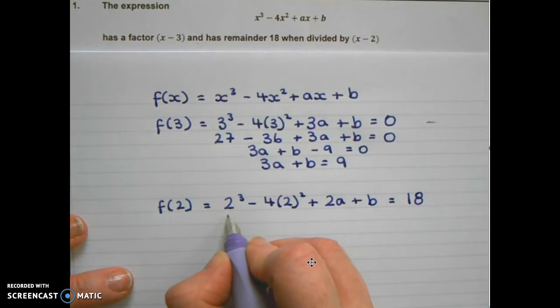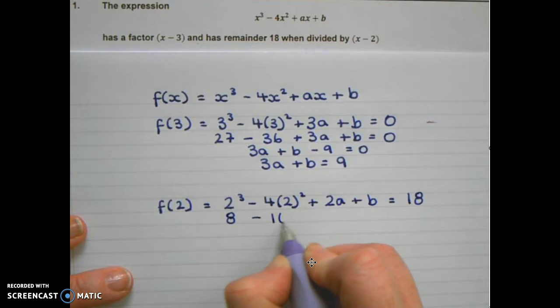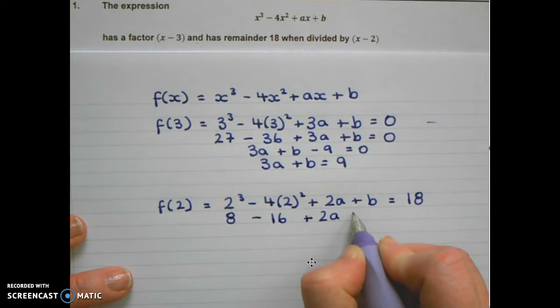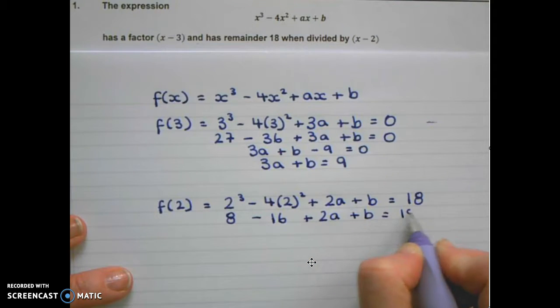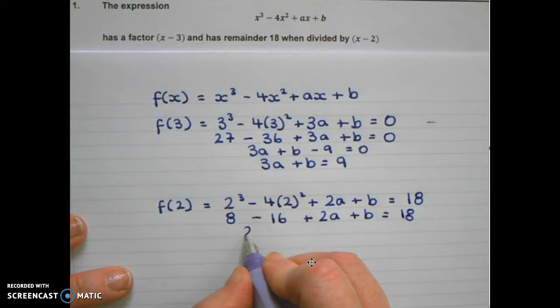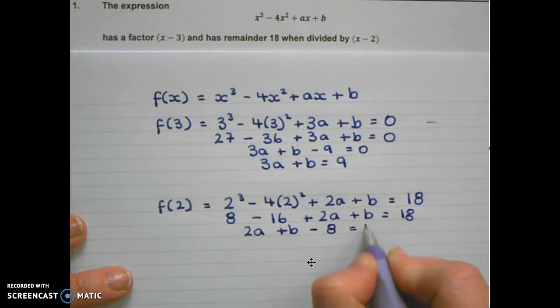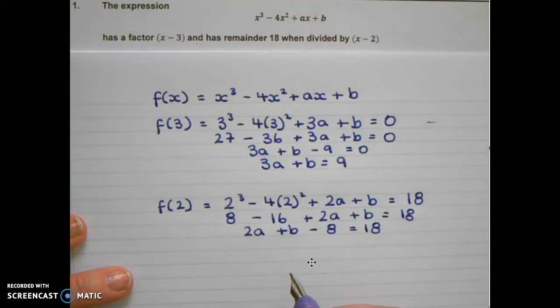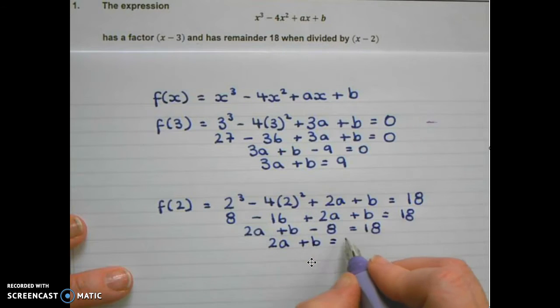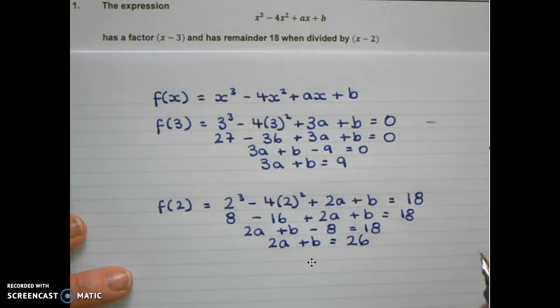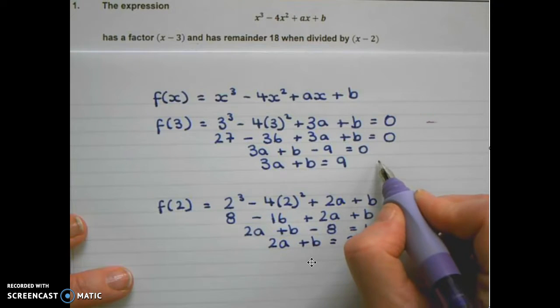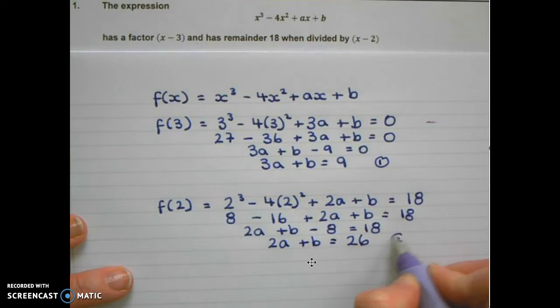If I simplify that, I get 8 minus 16 plus 2a plus b equals 18, or 2a plus b minus 8 equals 18. Simplifying that, I get 2a plus b equals 26. So these are the two equations. We'll call that equation 1 and that equation 2.